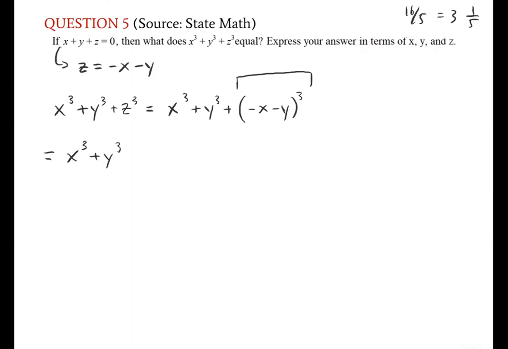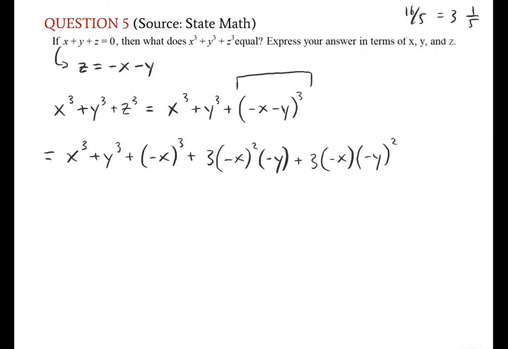When you expand this, you will get something like negative x cubed plus 3 times negative x squared times negative y plus 3 times negative x times negative y squared plus negative y cubed. Now let's simplify this even more.